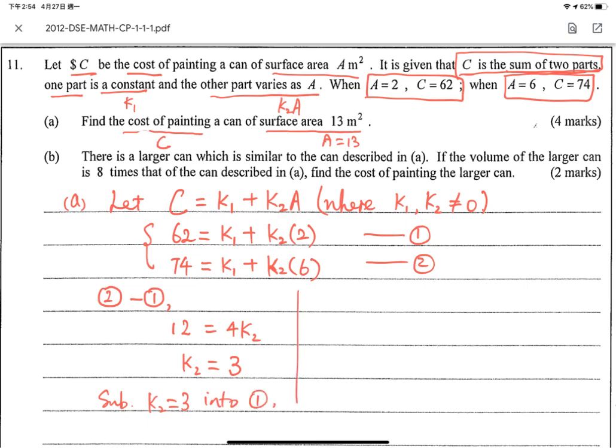Then what can we get? 62 equals K1 plus K2 times 2, and we got K2 as 3, so 3 times 2.